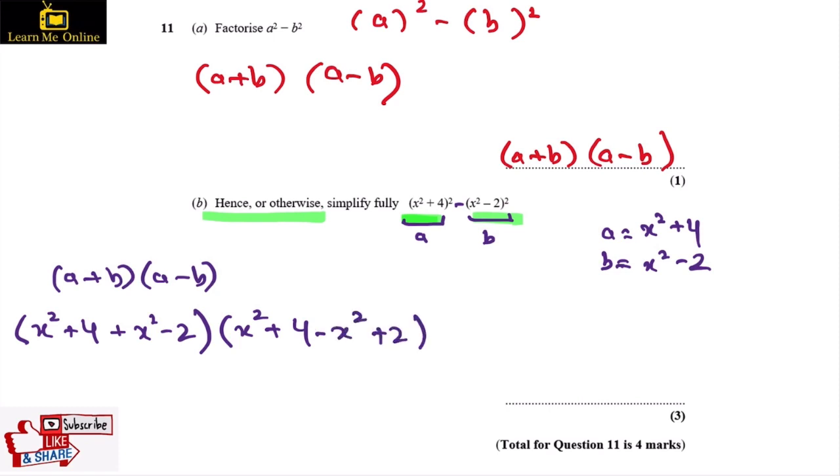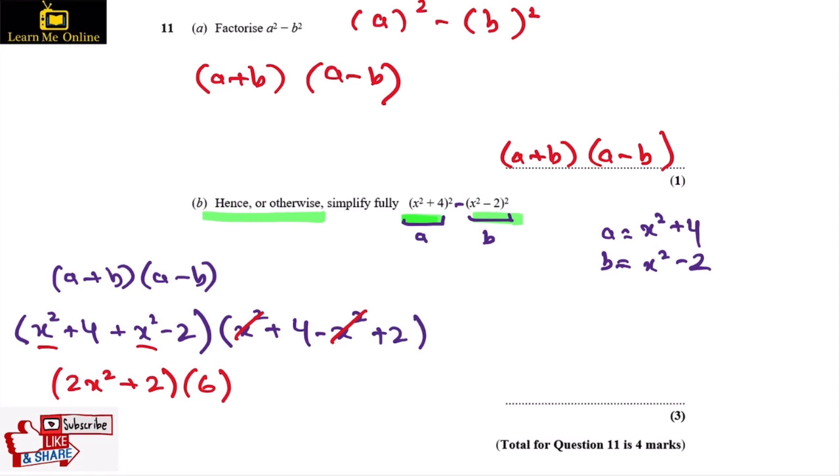Remember, because we are multiplying with the negative sign, the other sign would change. You're going to do the simplification inside the bracket. So x squared plus x squared would be 2x squared, plus 4 and minus 2 would be plus 2. On the other one, x squared and x squared are the same terms with opposite signs, which cancel each other, and 4 plus 2 makes 6.